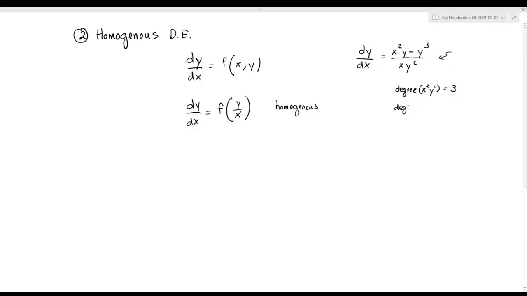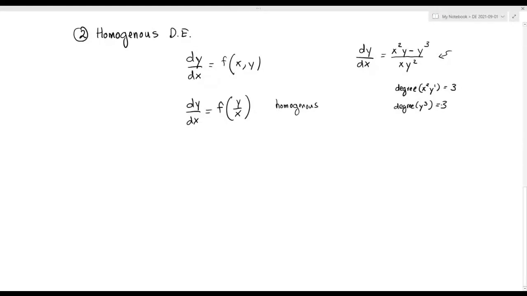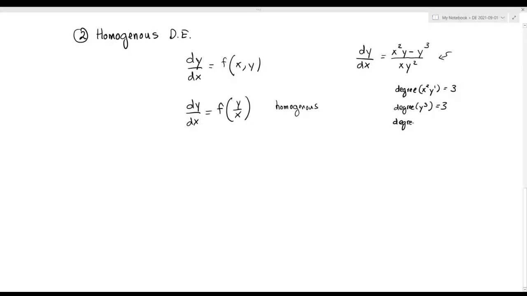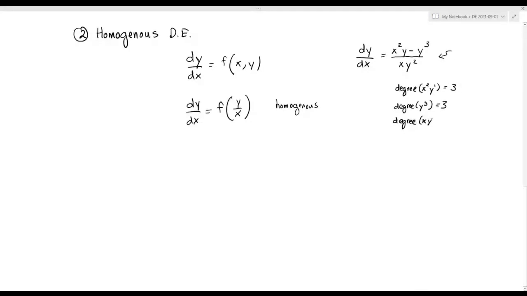And the degree of y cubed is 3. And the degree of the denominator is also 3. The combined degree of x times y squared, or if you'd like x to the 1, is 1 plus 2, which is 3. So if you have that kind of situation, that's a telltale sign that you have a homogeneous first-order differential equation.